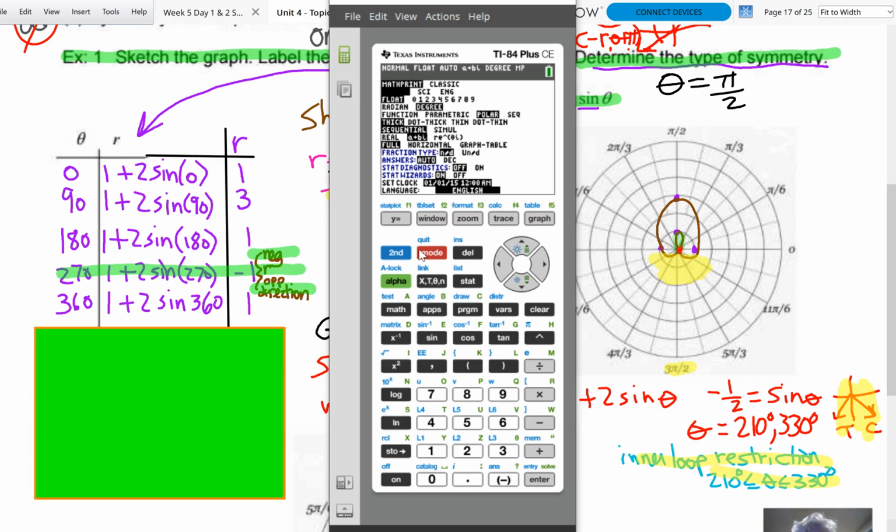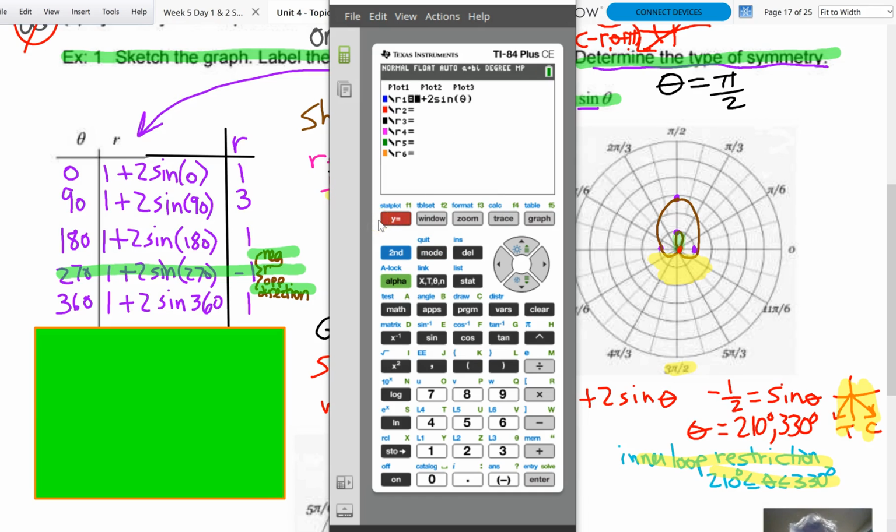And now when you go to y equals, it's no longer y equals, it's not a function, it's r equals. It knows it's polar. And when I typed in the equation and I hit the x, t, theta, n button, the calculator knows it's in polar mode too because it didn't put sine x, it put sine theta.